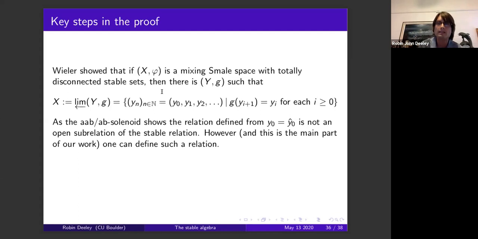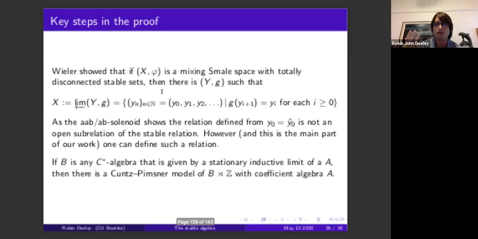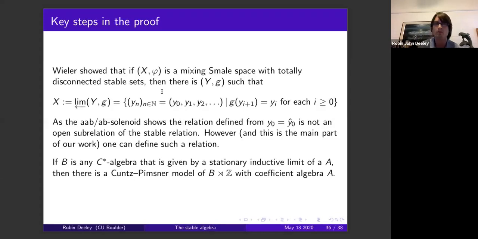All right, now for the last thing, which is the Kuntz-Pimsner model for this Ruelle algebra. Magnus observed, and has been asking Kuntz-Pimsner people if they've seen this before, that if you have a stationary inductive limit and you look at the dynamics induced by this limit, it's always a Kuntz-Pimsner model with coefficients in A. So it's a completely general fact.